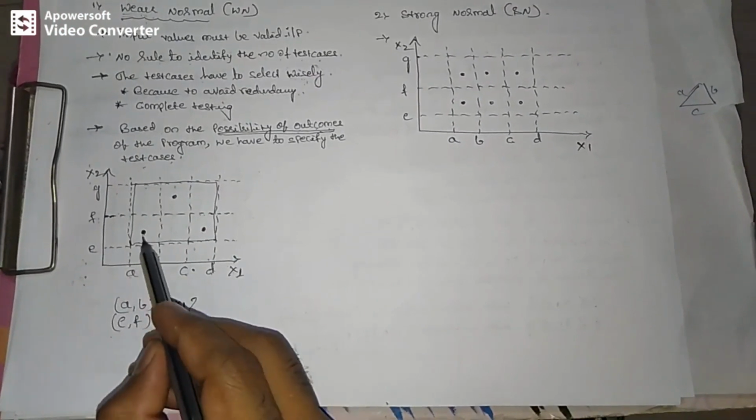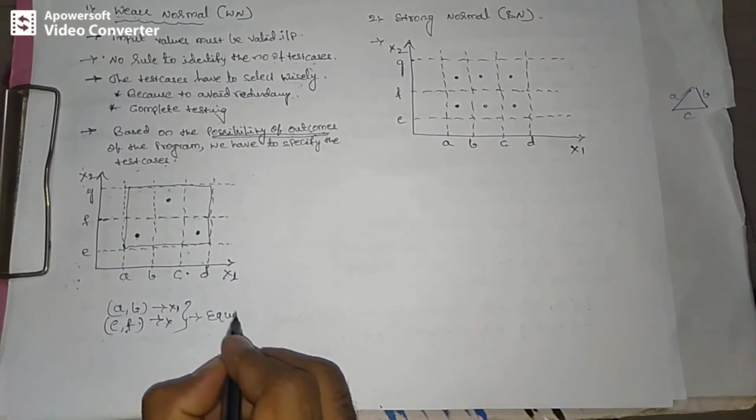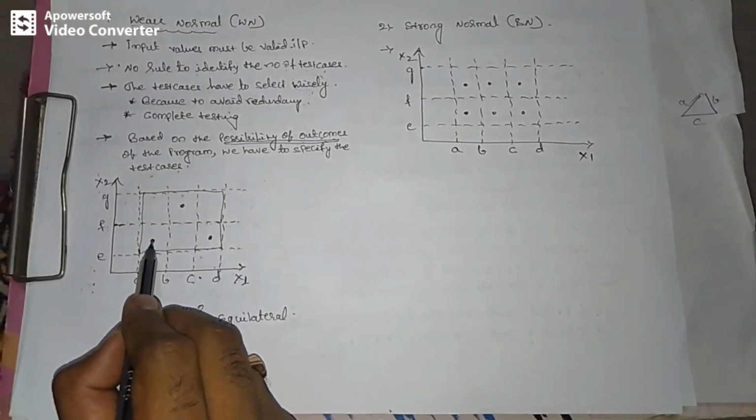If I select a value from this interval, let us consider I get the output result equilateral triangle. Then, instead of selecting this partition, if I select this partition, what happens? Instead of a to b, x1 will be the same, and f to g is the x2 partition.